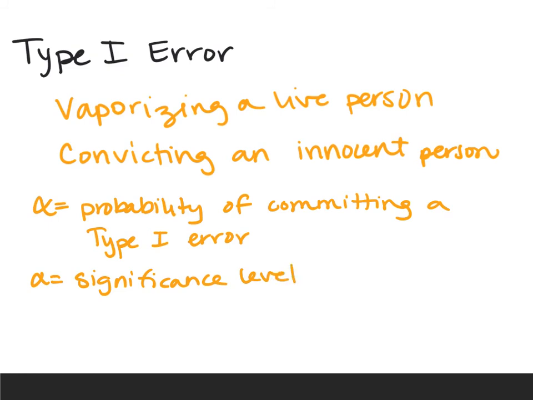And we saw this is the complement of our confidence level. So if I have a significance level of 0.05 or 5% significance level, then that would be the same as looking at a 95% confidence level.